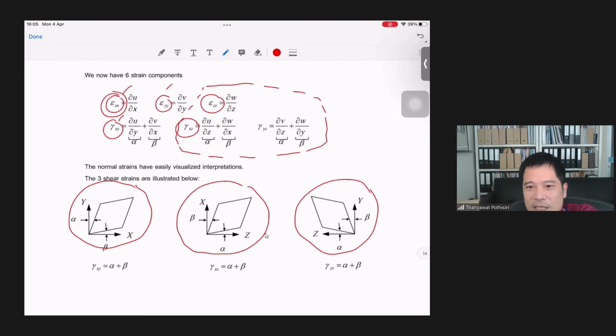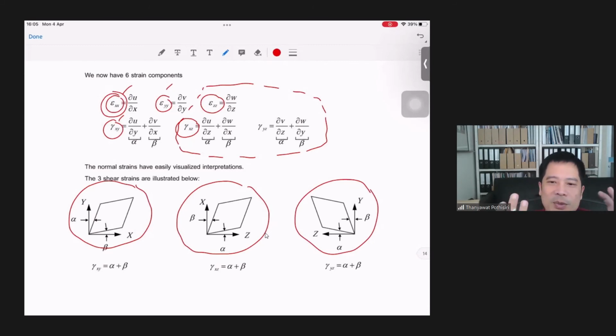But all the computations will remain pretty much the same as in XY plane. So everything that we have seen in XY plane can be thought of as occurring in XZ plane and YZ plane as well.